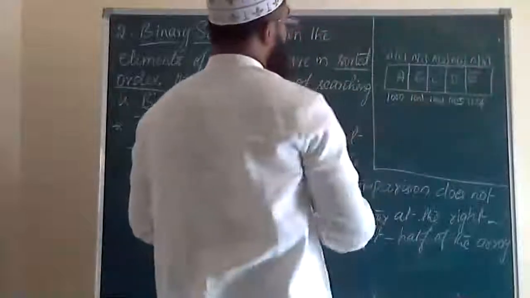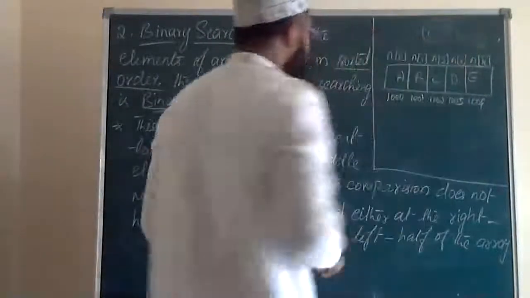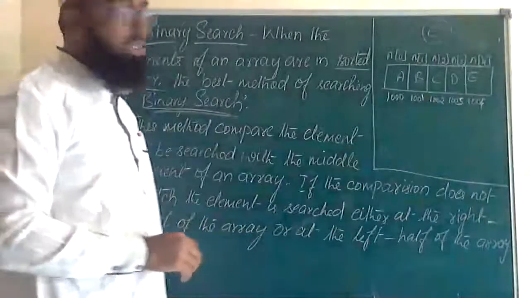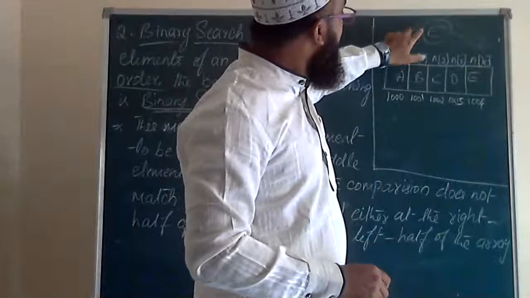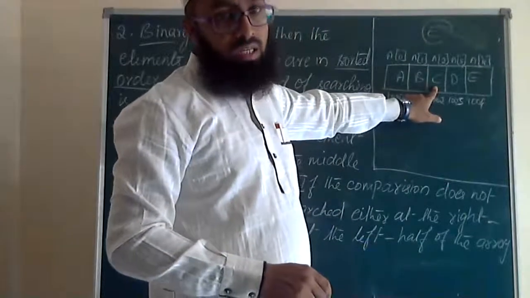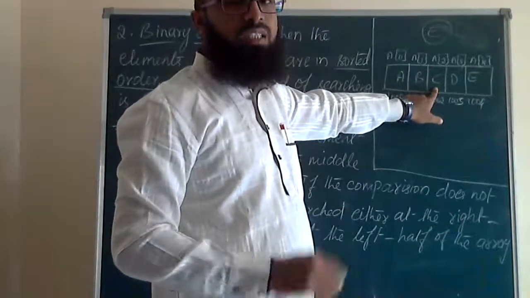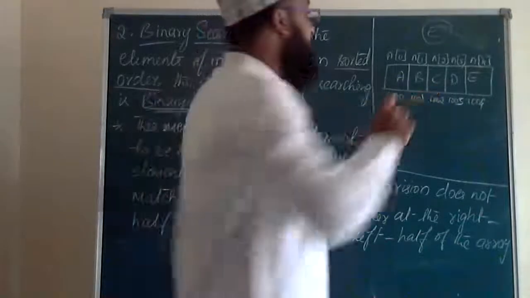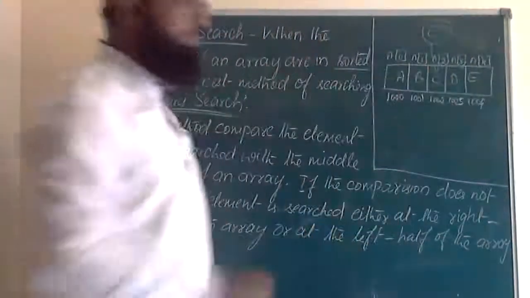If we want to search for E in binary search, what is the first thing? The element is compared with the middle element of an array. If the answer is right, then binary search will stop its searching. First, it will search with the middle element of an array.